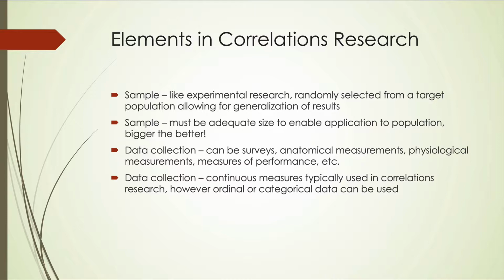So again, if I want to be able to predict height based on shoe size, I want to randomly pick people from the population. I don't want to just pick the tall people or the short people. I don't want to pick just the physically active or the not active. I want randomly selected people. So in correlation research, typically the sample is chosen randomly from a target population.